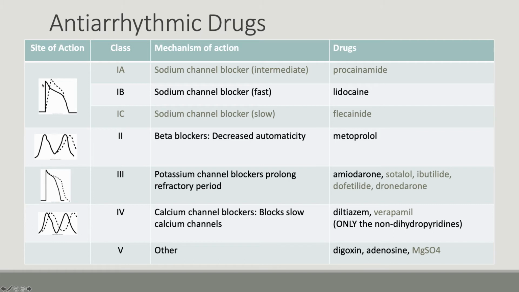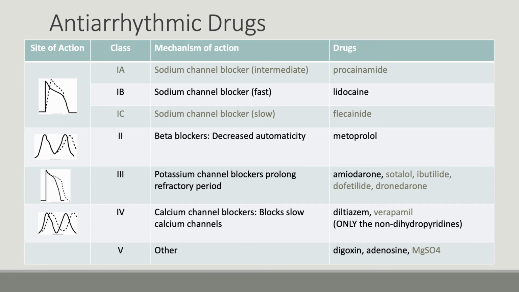So this is the ventricle, and this tells us that class 1 antiarrhythmics are typically affecting the ventricles, but not always. And also class 3 has a big effect on the ventricles. But look at this. This really affects the SA node and the AV node, and that's why the action potential looks different. All right, so that's sort of advanced stuff.